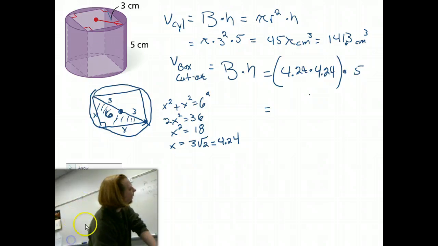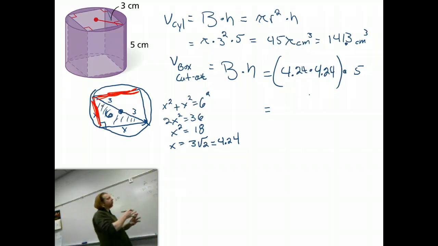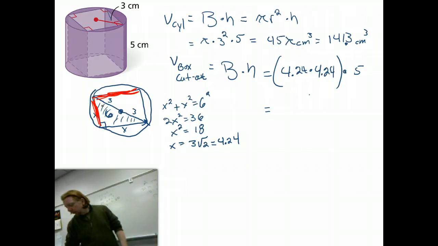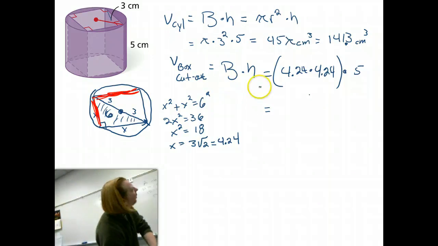I want the area of the whole cutout. So that's the 4.24 squared. It's a square. So I take 4.24 times itself, gives me around 18. And then we'll multiply that by 5. Gets me an answer of 90 cubic centimeters.